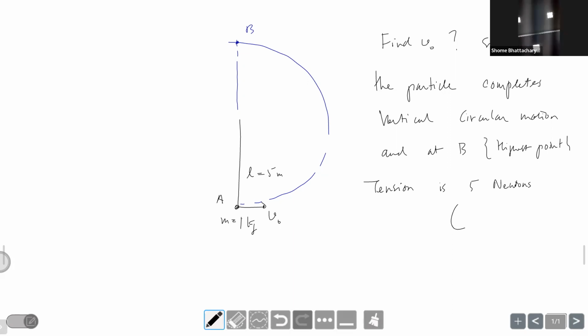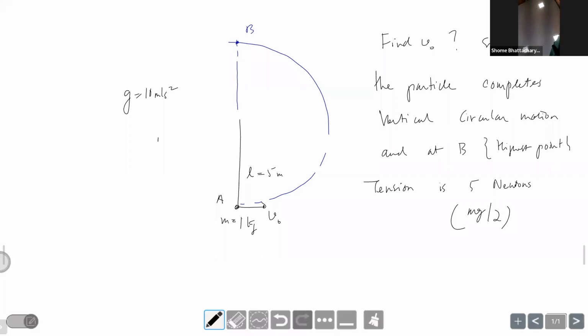That is basically half the weight, since the mass is 1 kg. So how much speed should I give at the bottom so that it always remains tight, never slackens, and even at the highest point, where the tension is minimum, it is half the weight?